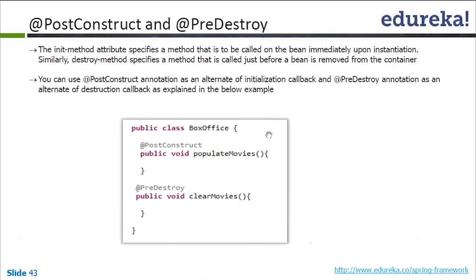So instead of writing all that stuff, you can just annotate the respective methods with respective annotations. When you annotate a method with @PostConstruct, it is your init method. Then when you annotate a method with @PreDestroy, it is your destroy method. That's it. So the same flavor of your declarative approach in the form of annotations.